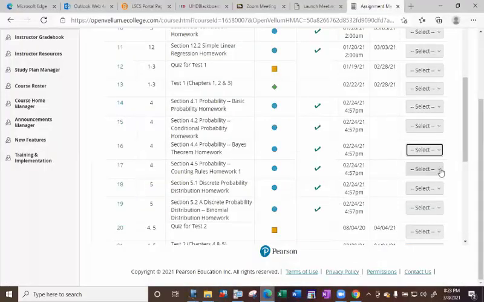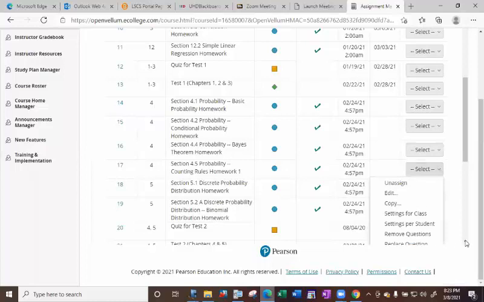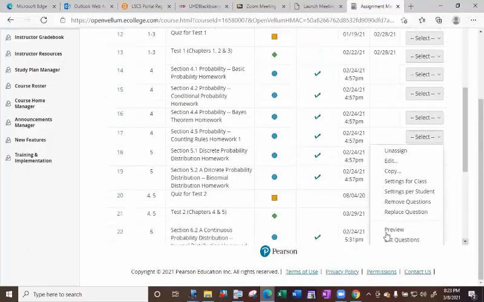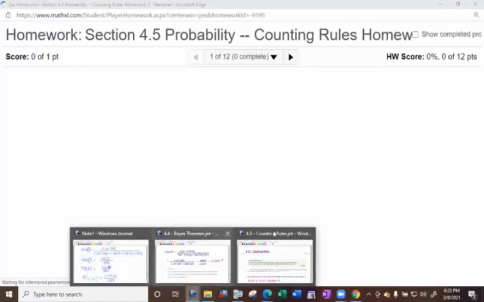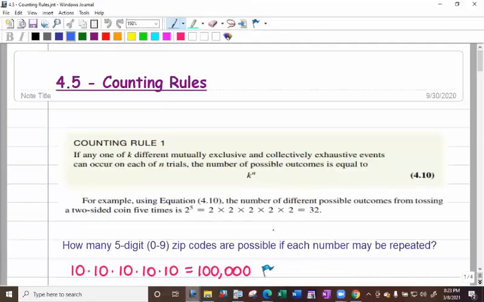All right, this will be the last section for chapter 4. Okay, I have this all up and ready. Let's go back to the notes. This section's not too bad.